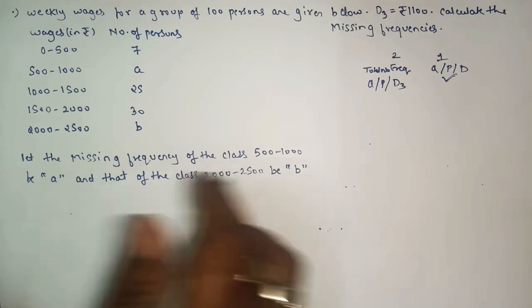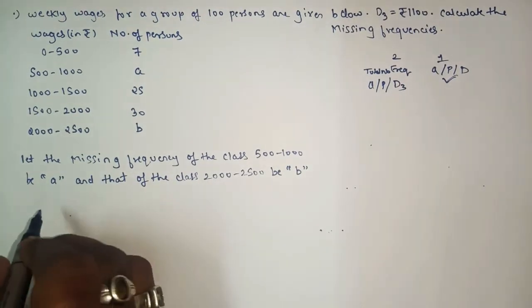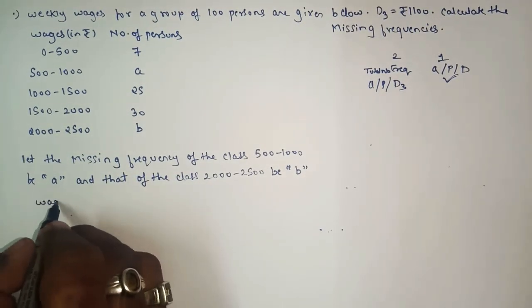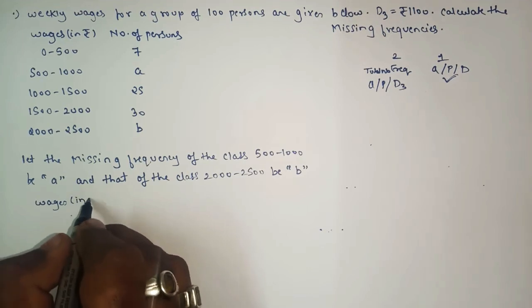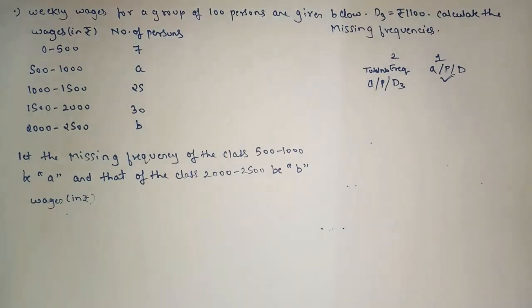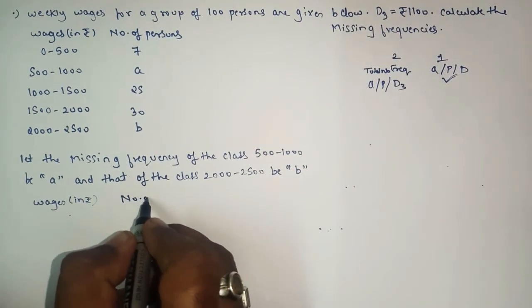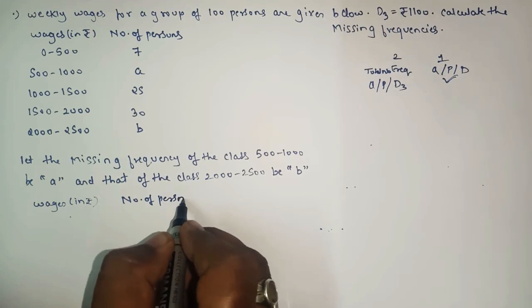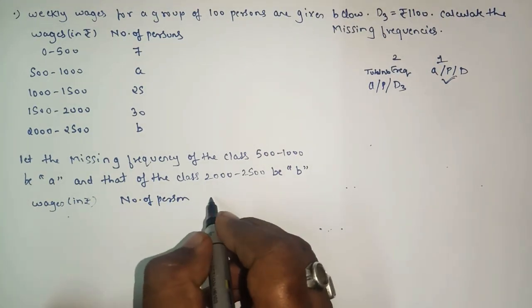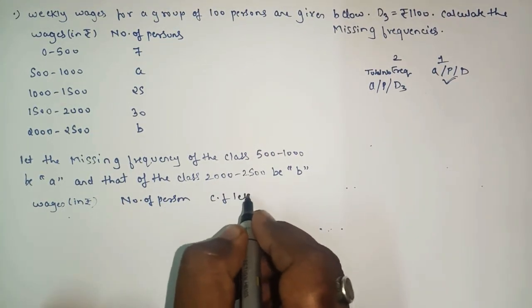Here once again we will prepare the table. We have the wages in rupees, then the number of persons, and in the third column, as we know, we have to find the cumulative frequency less than.